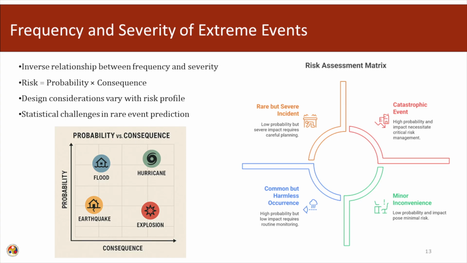As I told earlier, the extreme events are rare but severe incidents. They have a very low chance of occurrence, but when they occur, they have a signature of high magnitude and very short time duration. They are very catastrophic events. The risk associated with those events is very high, because the impact that those events cause is very severe.